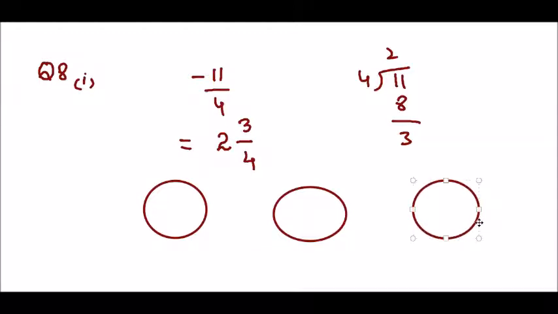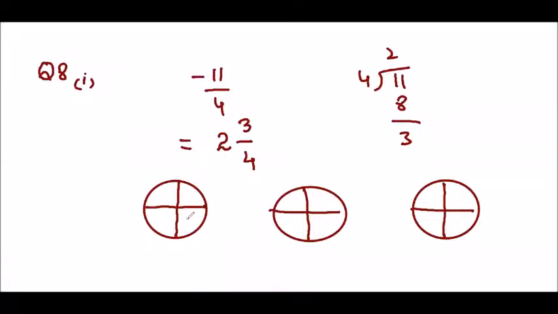I have drawn 3 circles. Now because we have divided with 4, so all of these circles I will divide into 4 parts. Now 2 whole 3/4 means that we have 2 whole.